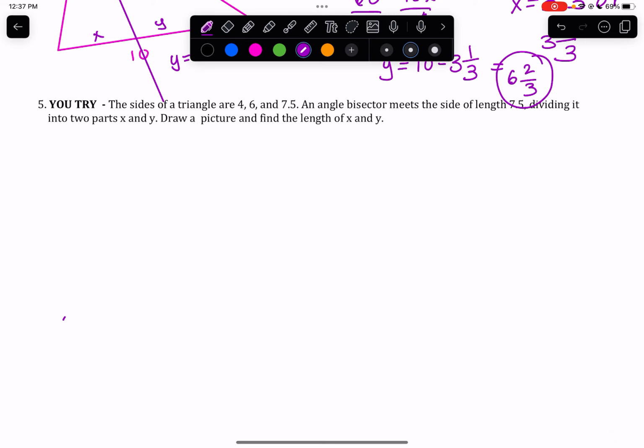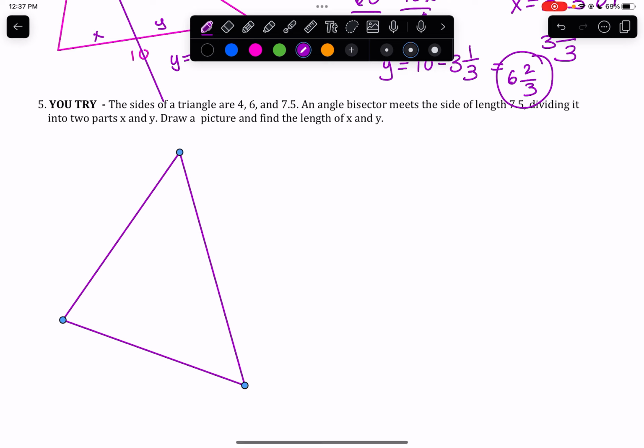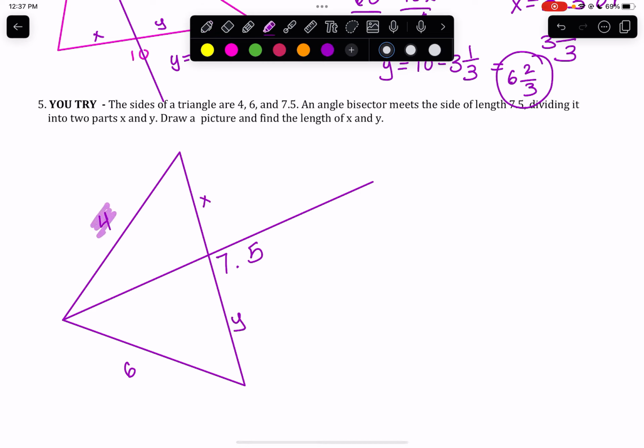So again, we're going to do the same thing. We have a triangle with 4, 6, and 7.5. An angle bisector meets the side of length 7.5, dividing it into x and y. So again, we're looking for those two separate relationships, and I will want to rewrite y in terms of x to make my proportion.